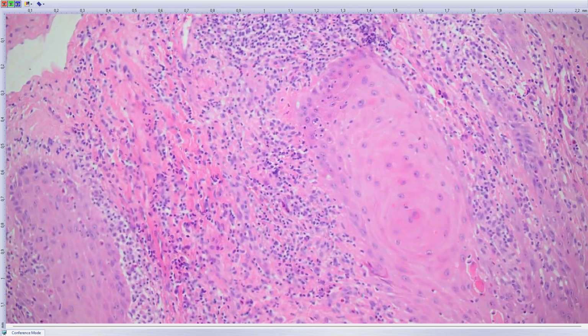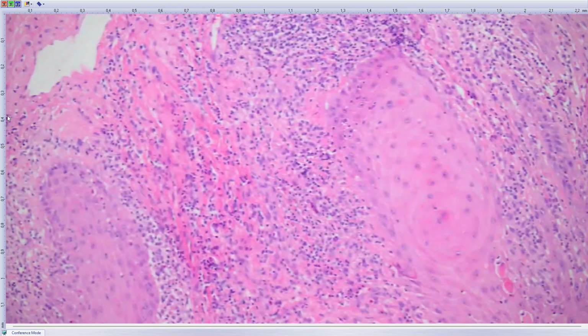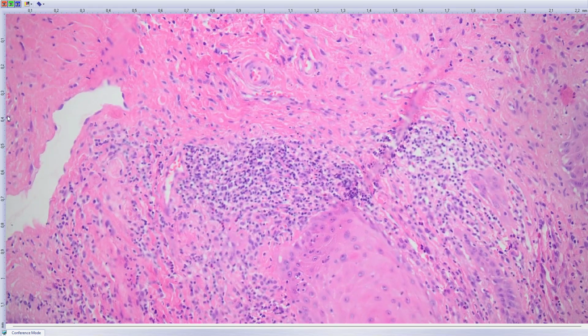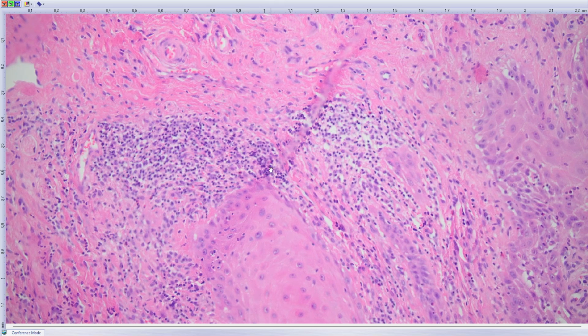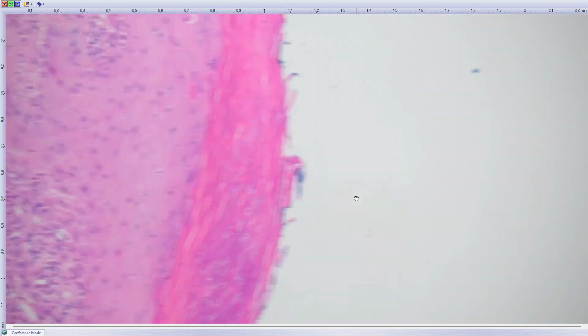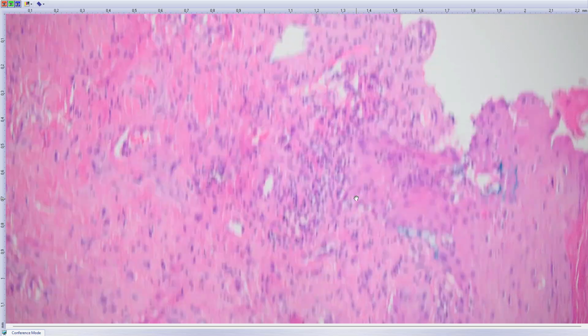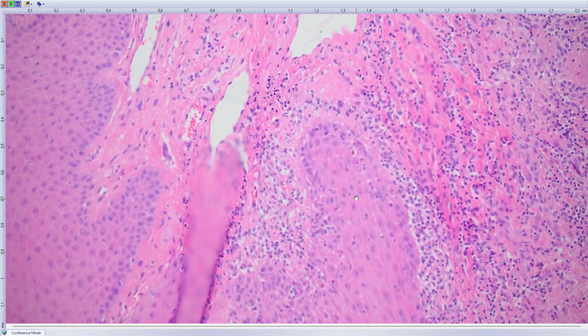And in some part we can see that the borders of these bulbs are... you can see here that there are beaks on these epidermal bulbs, and these are typical for incipient microinvasion.